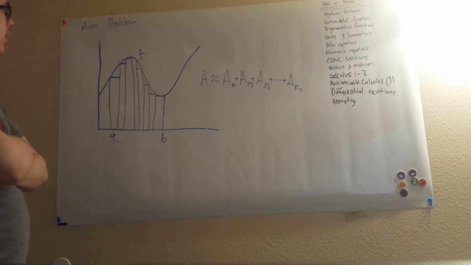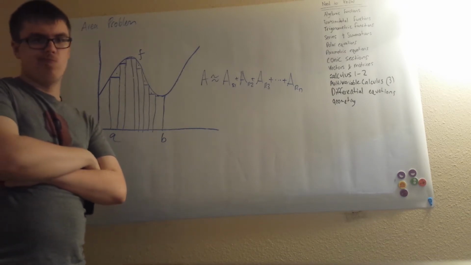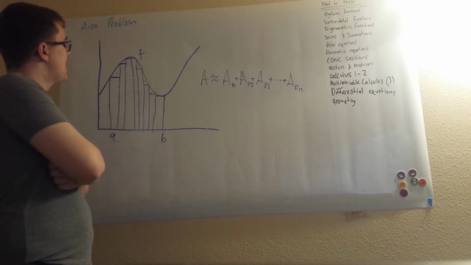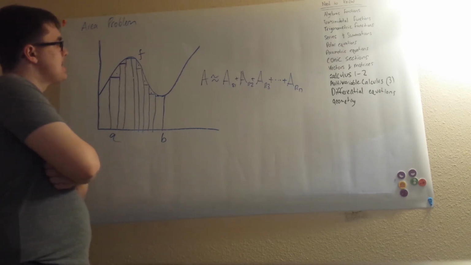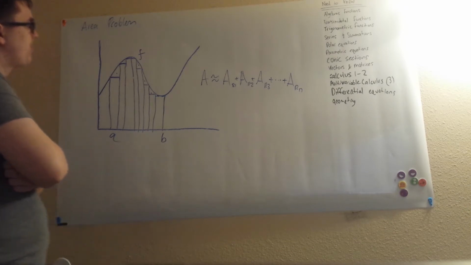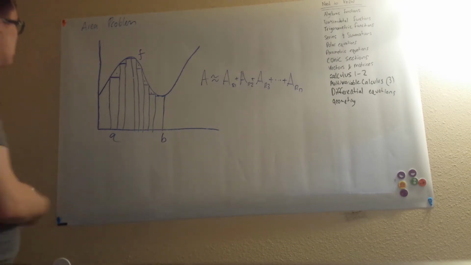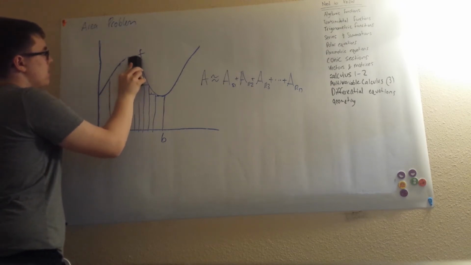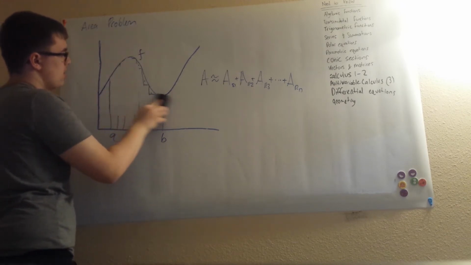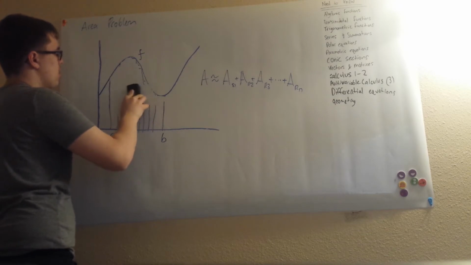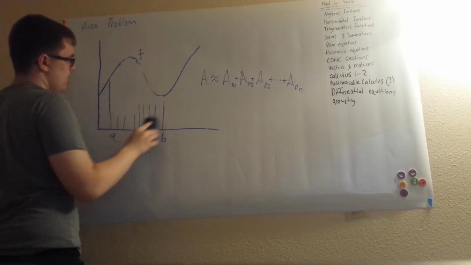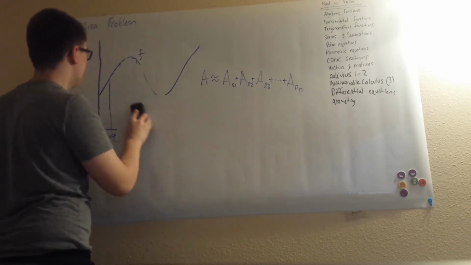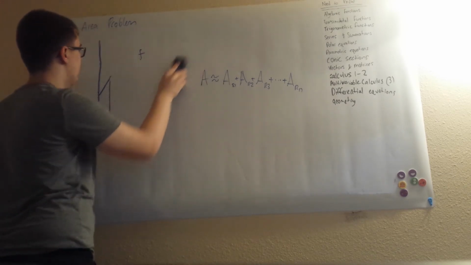How are we going to get a more accurate result? Because we want to get an accurate result. Well, I'm first going to mention how I'm actually setting up the rectangles right now. That might clear things up a bit.